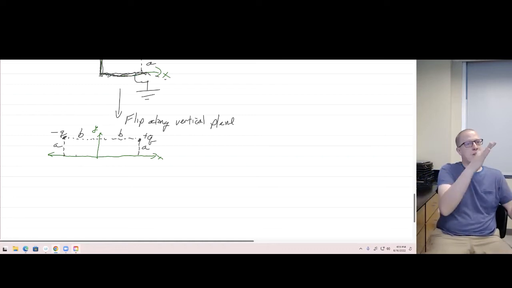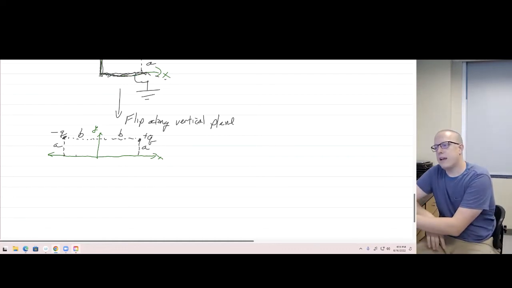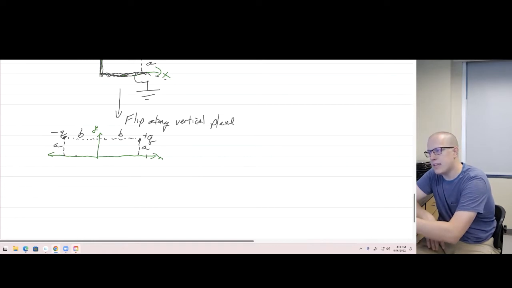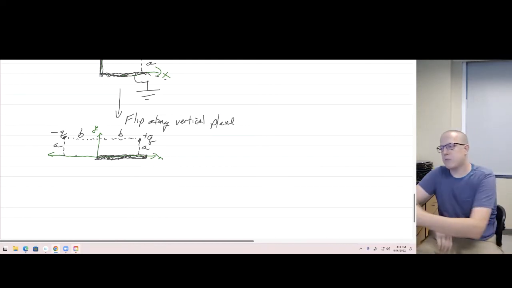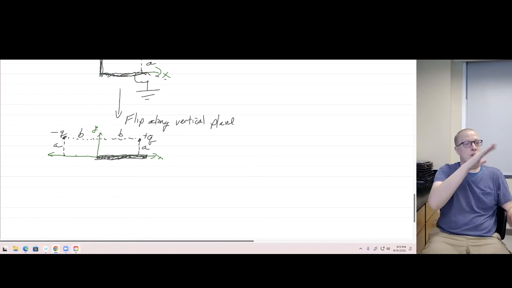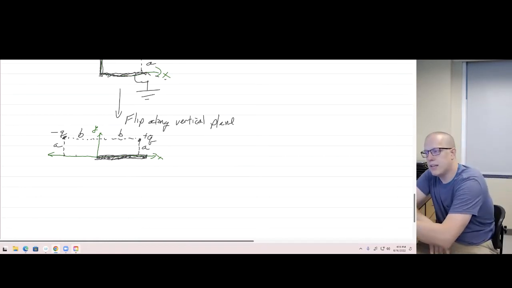However, when we flipped that, we can now get rid of the plane that was vertical, but we also have to keep the plane that was originally here. So the horizontal one is still there. And even more than that, we still have to keep the plane after we flip it. So we're flipping the charge, but we're also flipping the plane. So this plane now continues all the way over to this side.